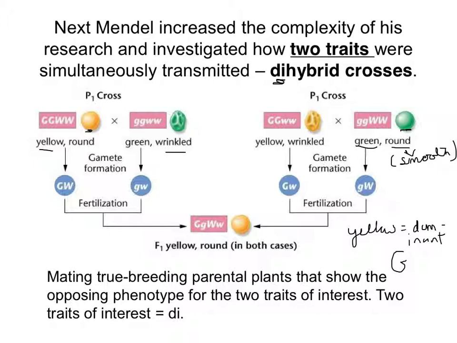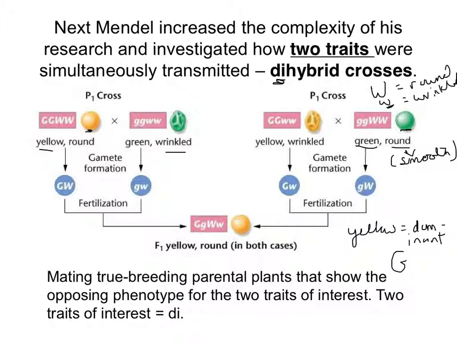And in this case, it turns out that round is associated with the big W allele of a particular gene. And lowercase w, which is recessive, is wrinkled. So we're tracking two traits at the same time.